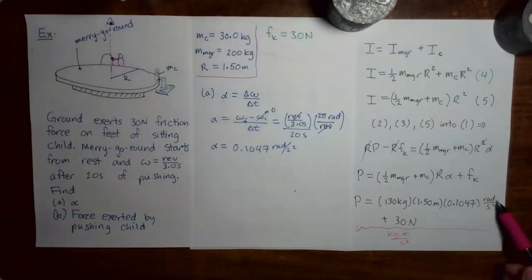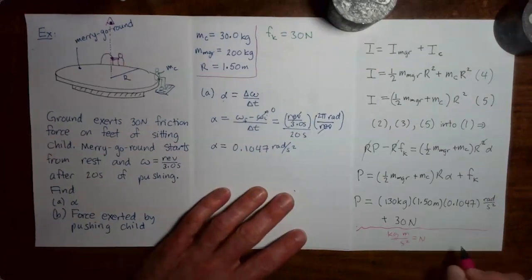We also have radians here, but as I discussed in one of the earlier videos, angles measured in radians are actually unitless, and that radian is just kind of following the calculation along to remind us that we are measuring angle in a particular way. It's not a real unit, so we can ignore that. What's left over then is kilograms meters per second squared, which is newtons. So in fact, both of these terms have units of newtons.